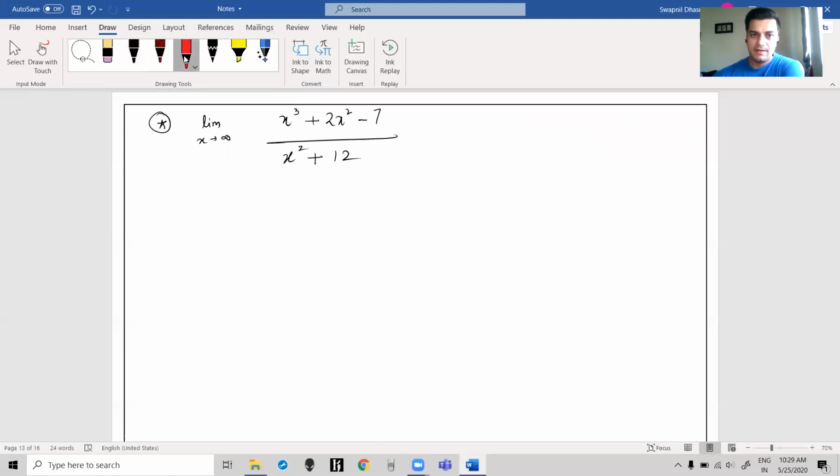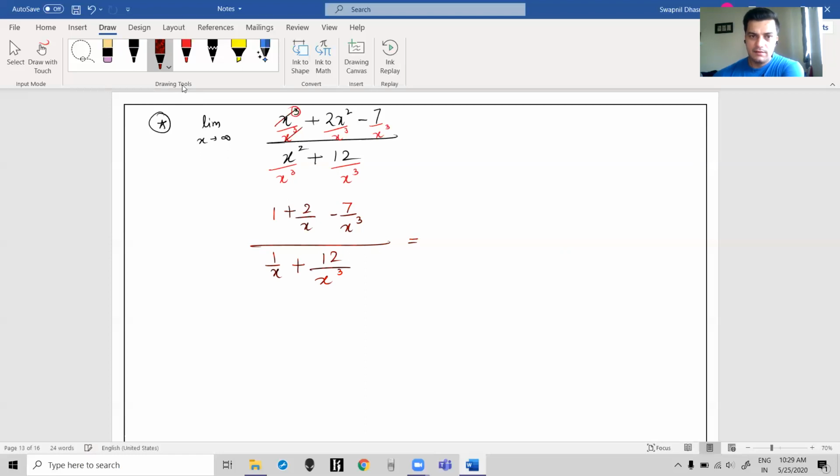Step 1, you divide by the highest degree, which is 3. So divide by x cubed, divide by x cubed, divide by x cubed, and same with the others. When I do that, I'm going to get 1 plus 2 divided by x minus 7 divided by x cubed, whole divided by 1 over x plus 12 over x cubed.